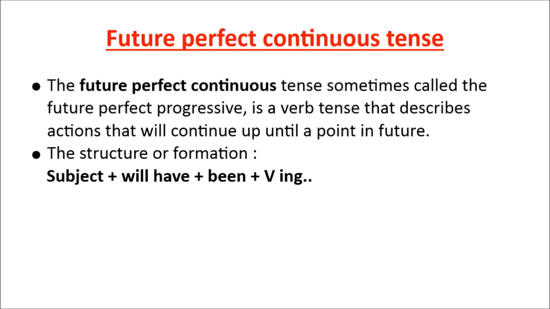So, it is a continuous action in the future that will continue up to a point of time in the future. Okay. So I have given the structure for this future perfect continuous tense. Subject plus will have plus been plus verb ing. Okay, so this is the structure.